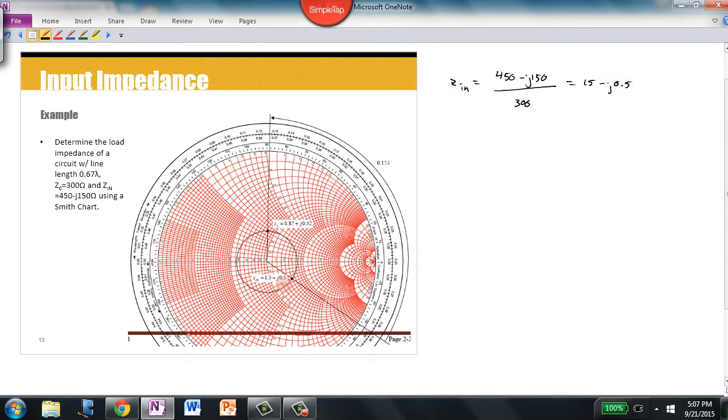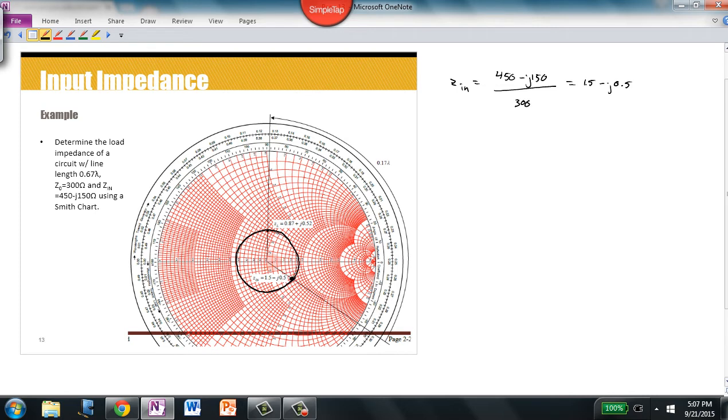So on this Smith chart, I just draw that dot right there. The next thing I do is draw my operating circle using my compass.